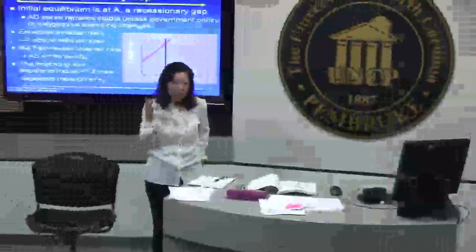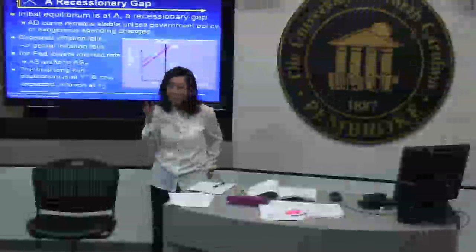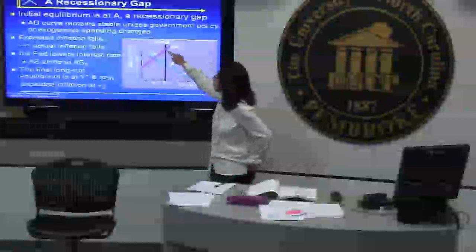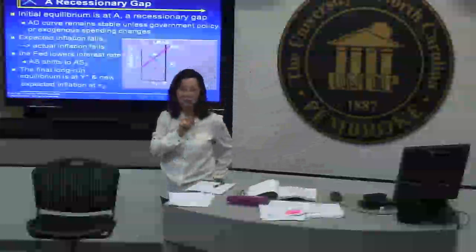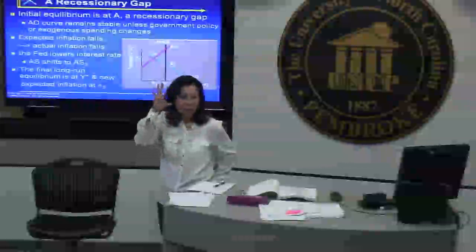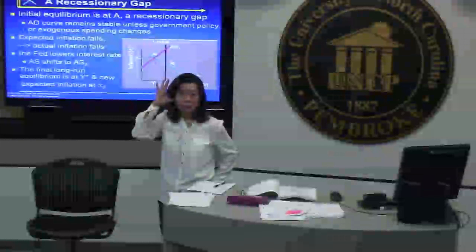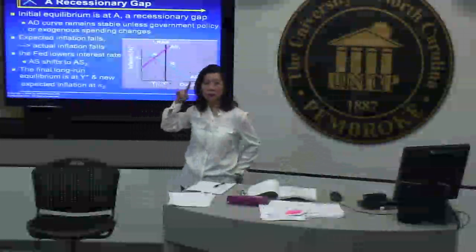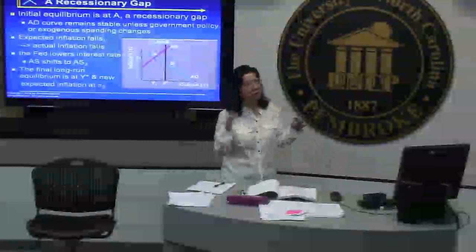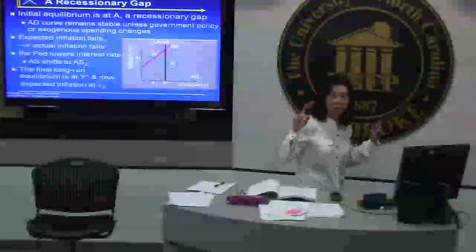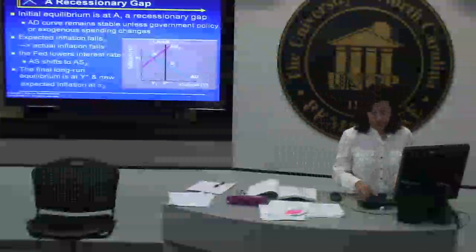But there's one big problem getting up there. Yes, you correct the output gap, but there is one problem. What is that problem? At this point, how is it compared to A in terms of inflation rate? Higher! Wow! So there is a cost to be paid. Yes, we eliminate the output gap with expansionary monetary and fiscal policy. All is great at the expense of a higher inflation rate.